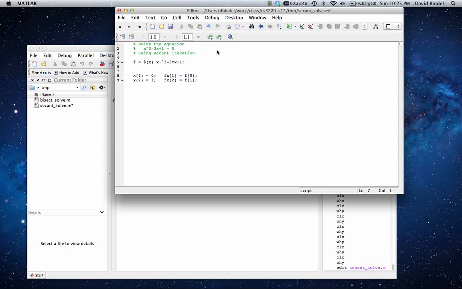Okay, so these are my initial guesses and function values. And now I'm going to try to refine. Secant iteration steps. Okay, so again, I'm going to be a little bit unsystematic and just do 10 of them.